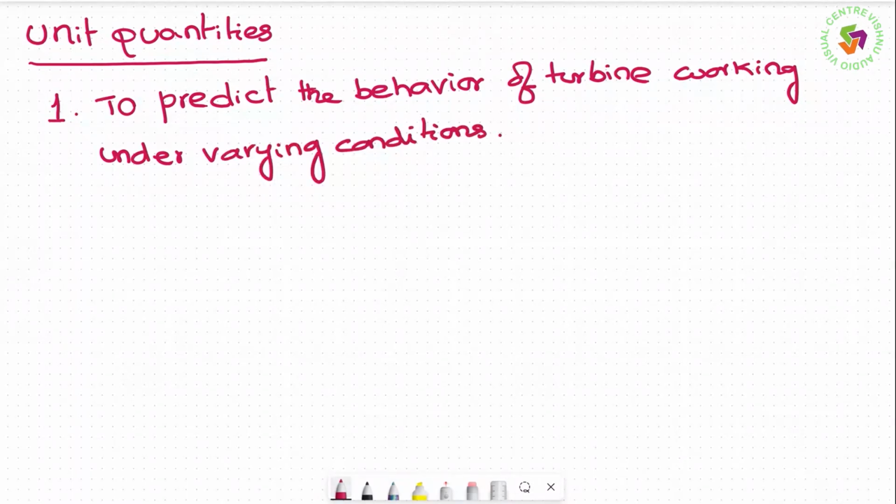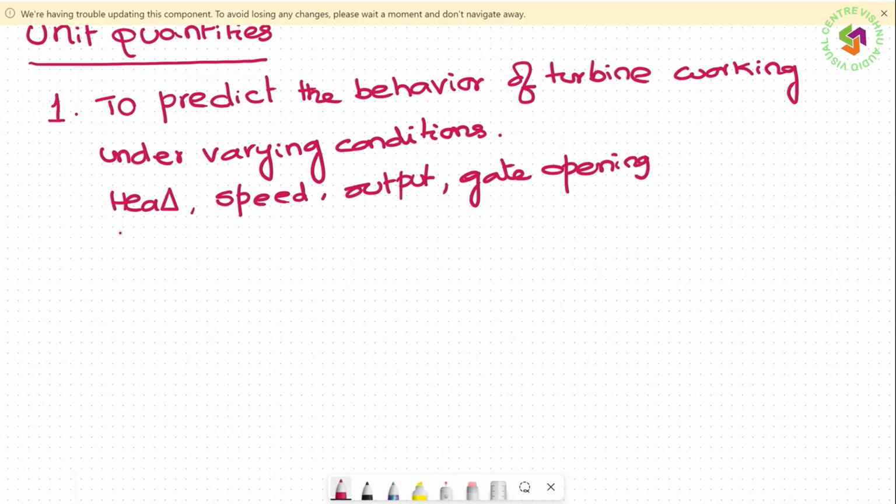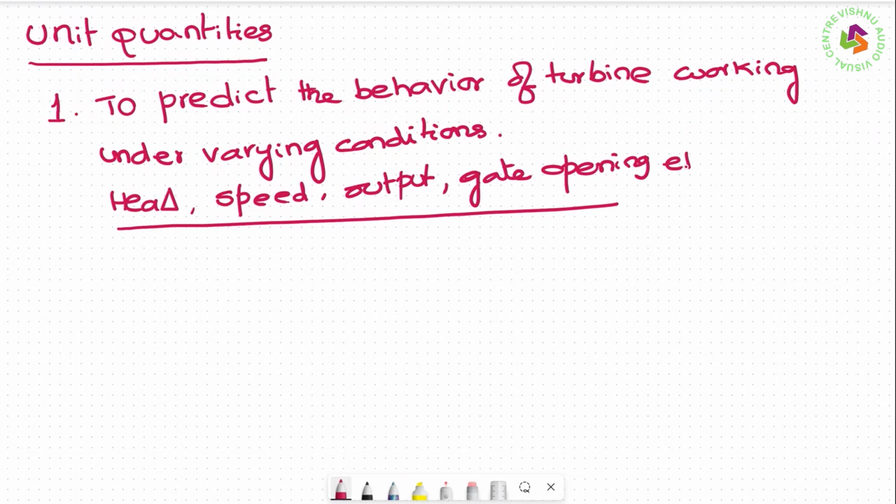What are these varying conditions? It may be head, speed, output power, gate opening, etc. Under these varying conditions, to predict the behavior of the turbine, we use these unit quantities.